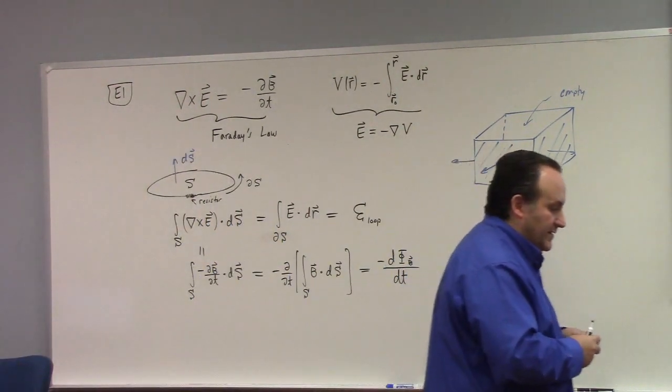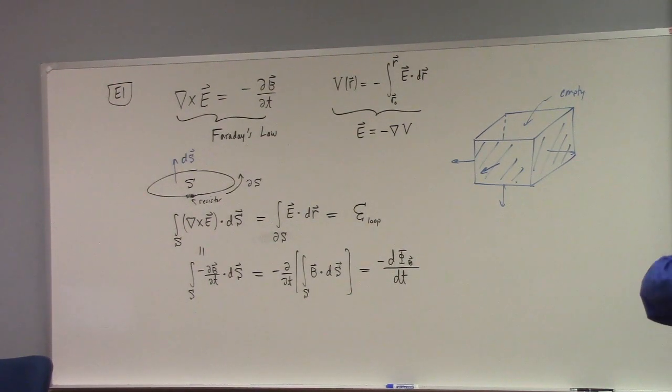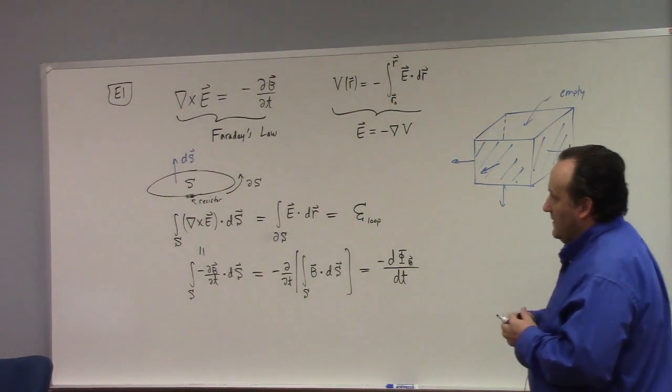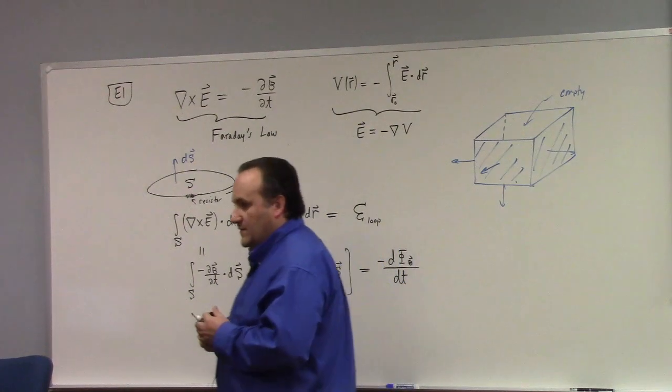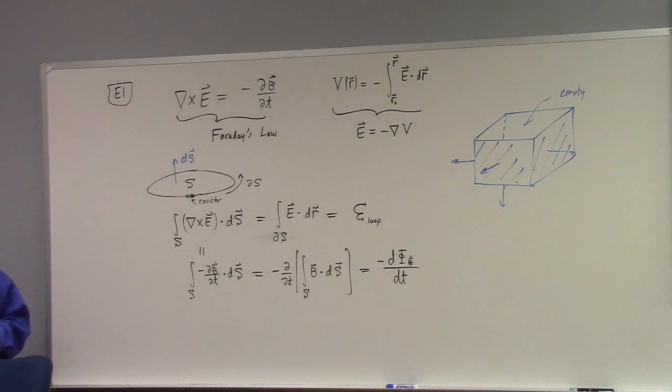When you change the magnetic flux, the number of field lines going through a loop, it induces a voltage around the loop. And the rule for it is that the current has to be induced in such a way to maintain the magnetic field in the way it was before it was changing. So the induced current attempts to oppose a change in flux through the loop. This is Faraday's law.